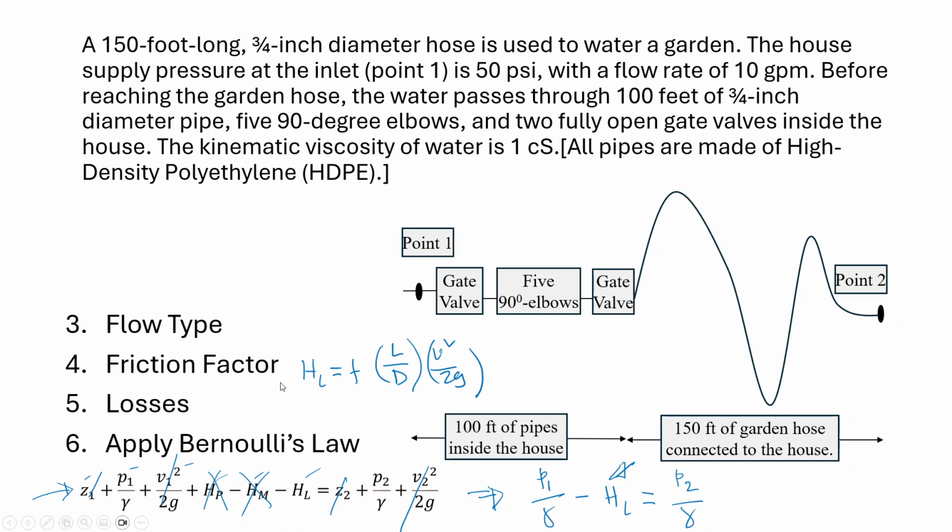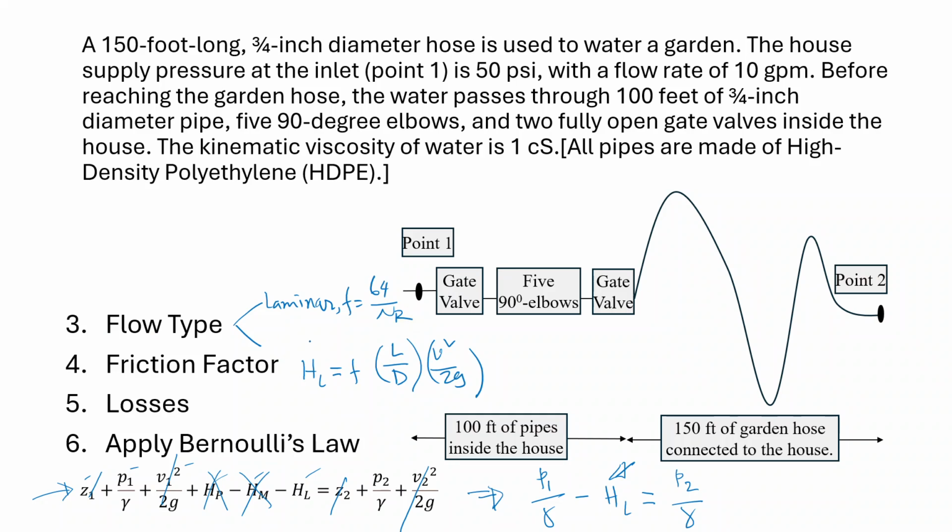To find the friction factor, you need to know the flow type, because there are two formulas for that. If the flow is laminar, the friction factor formula is 64 by NR, the Reynolds number.